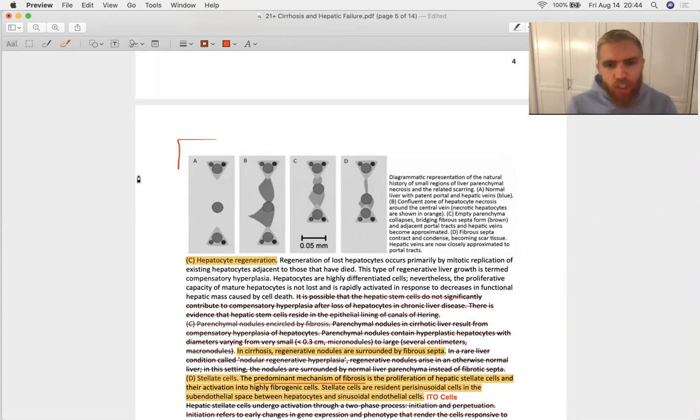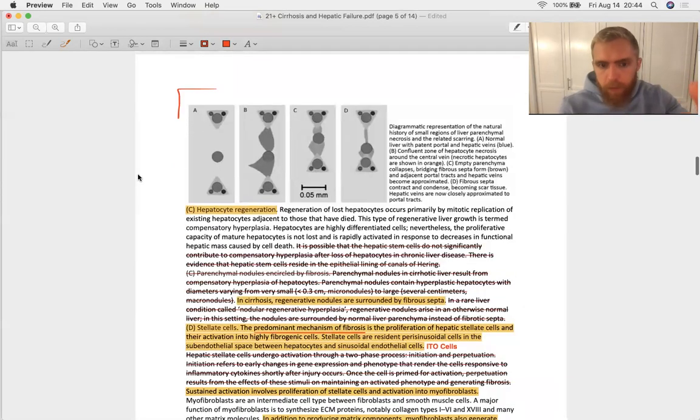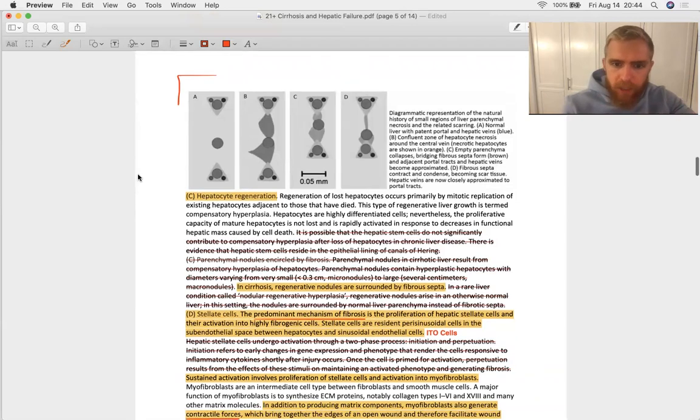It's essentially showing you that as more and more collagen gets laid down, portal triads and central veins get pulled closer to one another. And as you could imagine, the closer your portal triads get to your central vein, that means there's going to be a correspondingly larger and larger area of nothing but hepatocytes. So I hope you can imagine that.